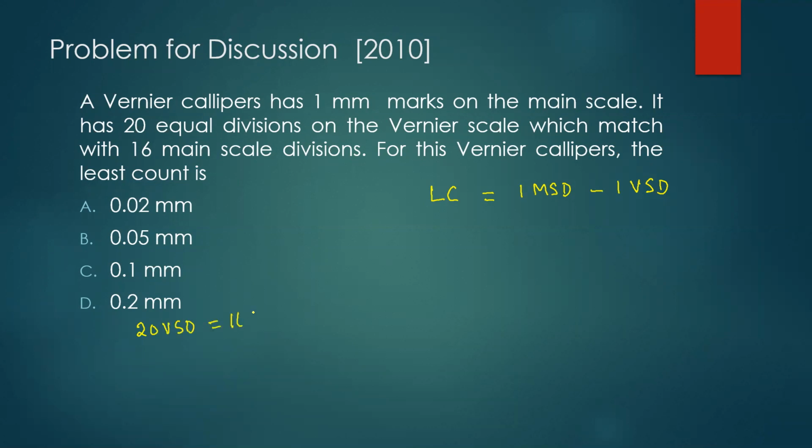So one vernier scale division will be 16 by 20, or we can write this as 0.8 into one main scale division, which is 1 mm. So this is 0.8 mm. If I substitute here, I get 1 minus 0.8. So the least measurement that I can make is 0.2 mm. So you understand this?